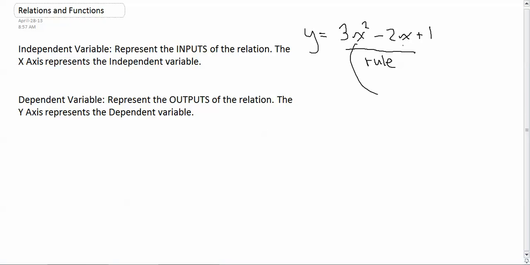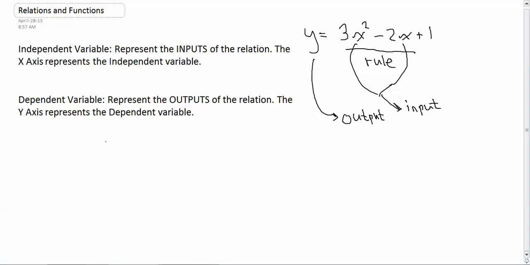So these x values represent your input values. You are free to choose whichever values you want for x, and then y's value is dependent on what you choose for x. So this is your output value.